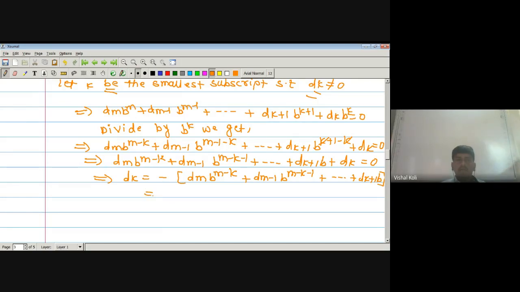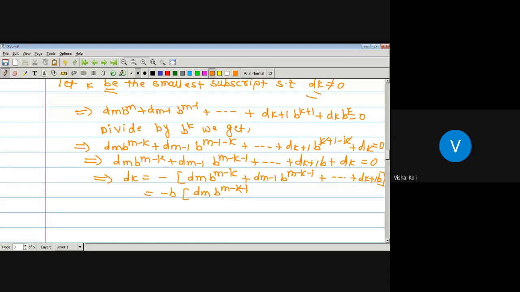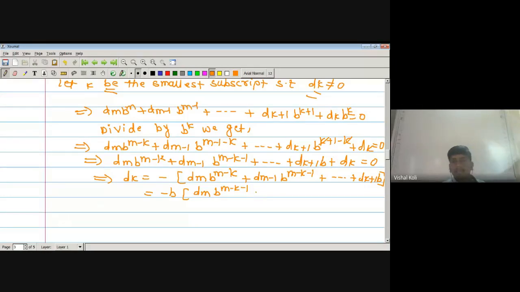We get dk equal to minus of b into dm b to the power m minus k minus 1 plus dm minus 1 b to the power m minus k minus 2, since we have taken b common, plus up to so on plus dk plus 1. Now dk is equal to minus of b into these terms.